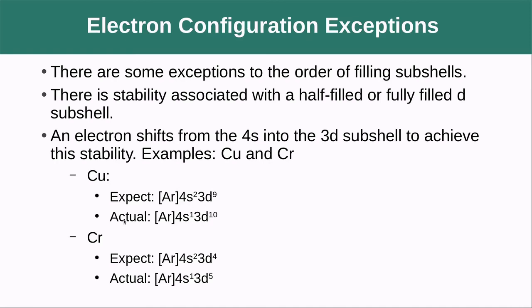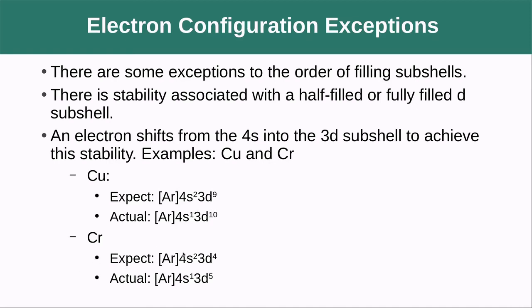So, we would expect that copper would be 4s2, 3d9. Makes sense when we're filling it in. But in effect, it actually wants to fill this d subshell. So one of the electrons is not in the 4s, it's actually in the 3d10. Same for chromium.